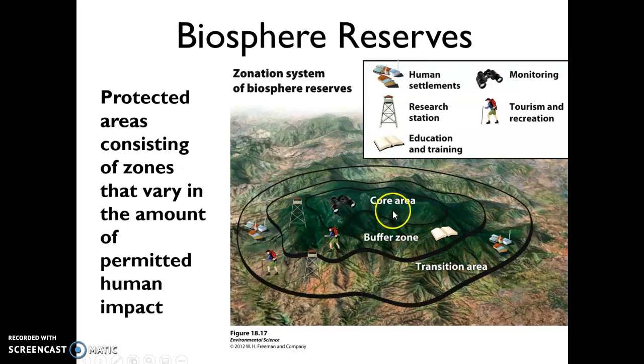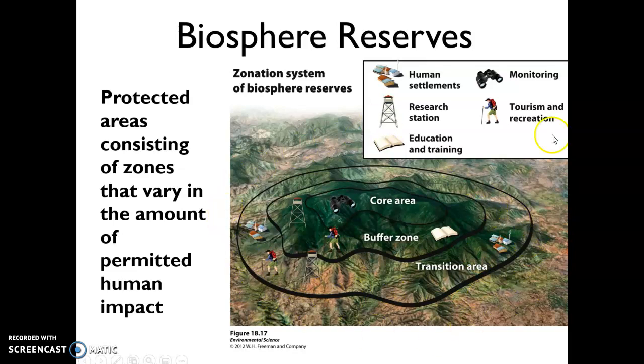So typically you would have a core area where very little could happen, maybe some monitoring, and then a buffer zone where perhaps you could have people doing studies, people going into that ecosystem as a responsible hiker, a transition area where you might even be able to have some type of activity taking place, but spread apart, and again, not dense settlement.